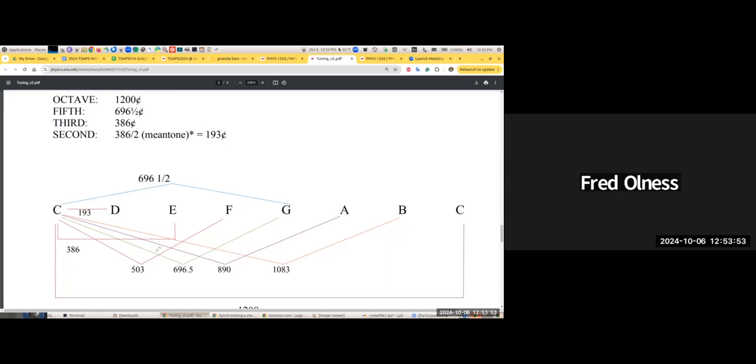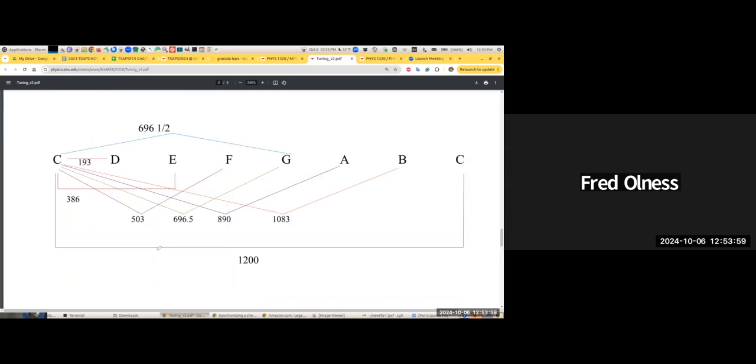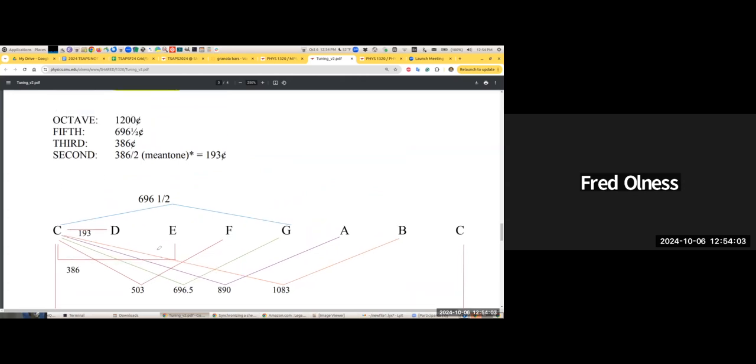We're not going to derive the other intervals here, and we're not going to go into details about those. So just to recap, in the mean tone system, we sacrifice the fifth just a little bit to get a good third, and then we use the average value of D so that we have equal whole steps.